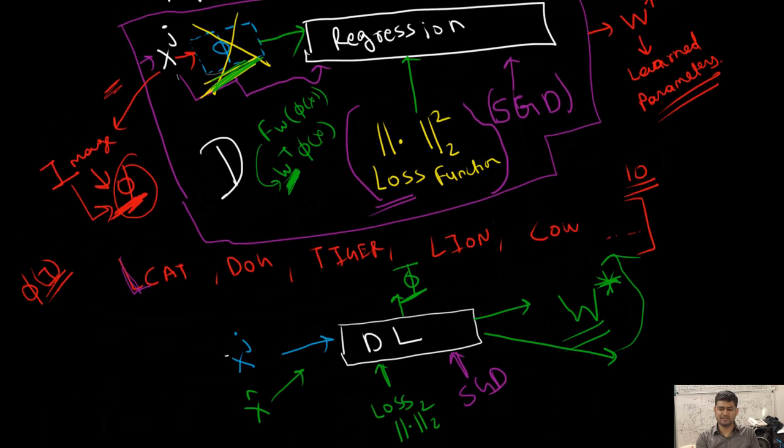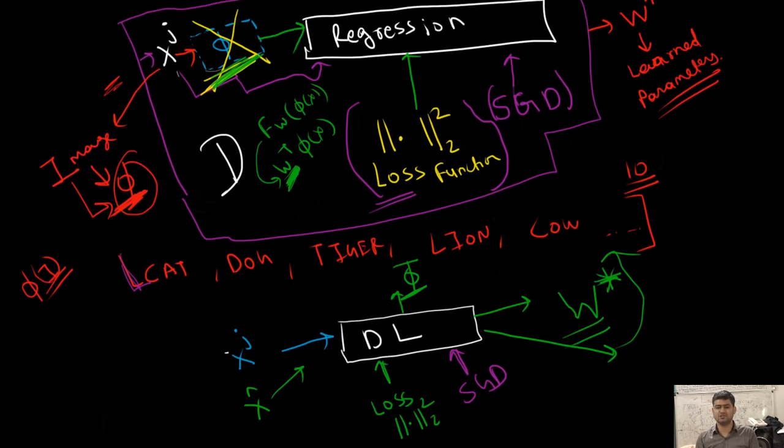So all the things, the loss function, the learning algorithm, and the input, the feature function, everything is relevant. It's only that the deep learning model gives you the optimal parameters. Along with that, it also gives you a very good representation.